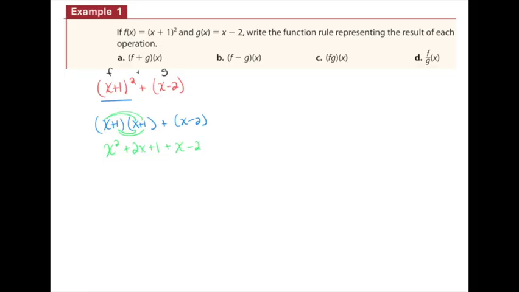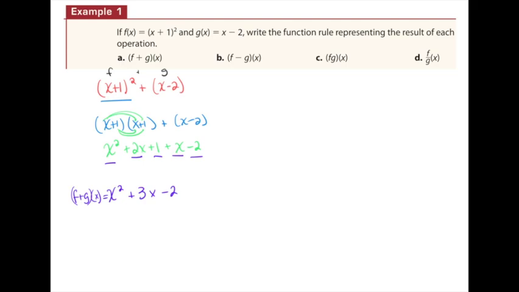My final step here is to combine any like terms. I have x squared. It doesn't combine with anything. I have a 2x and a 1x, and I have a 1 and a negative 2. So this represents what happens when I add f and g of x. That is my new function that represents the sum of those.